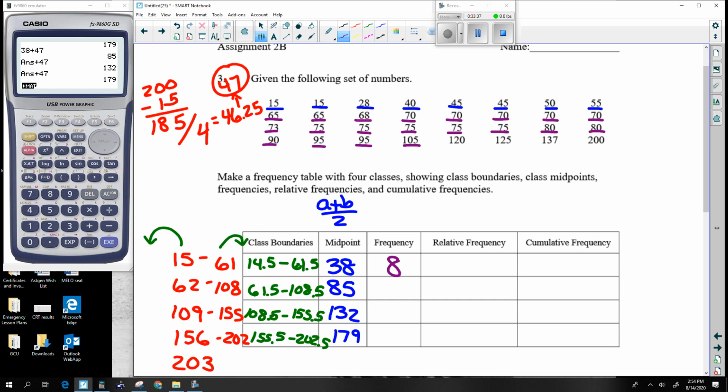Holy cow. 109 to 155. That's 1, 2, 3. 156 to 202. 1.